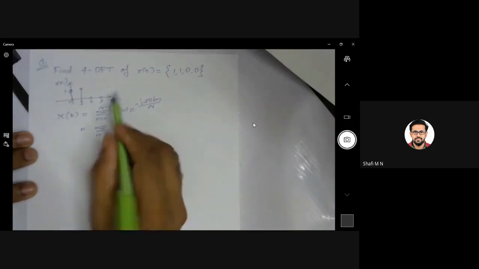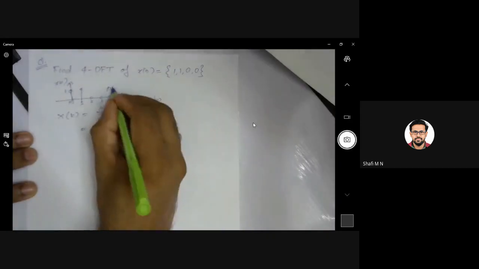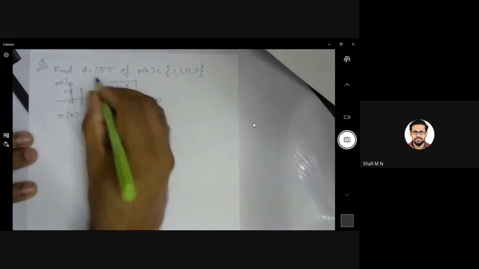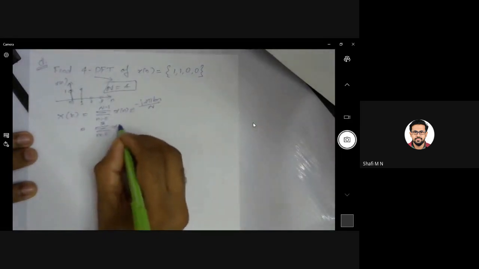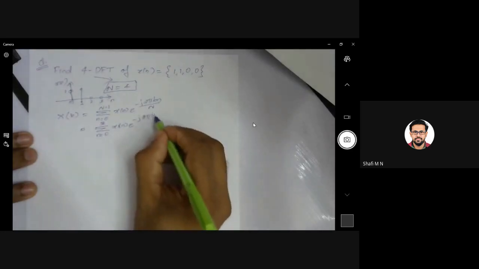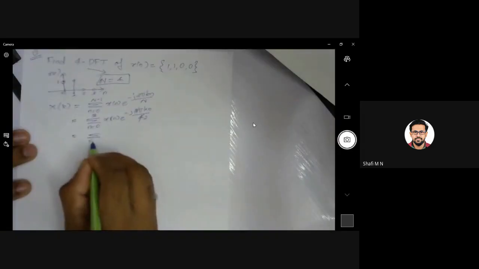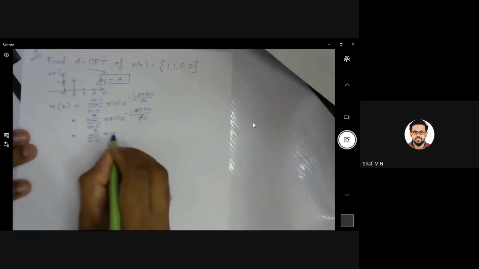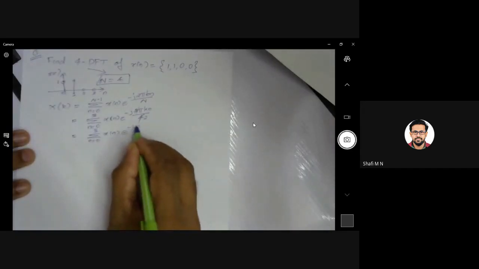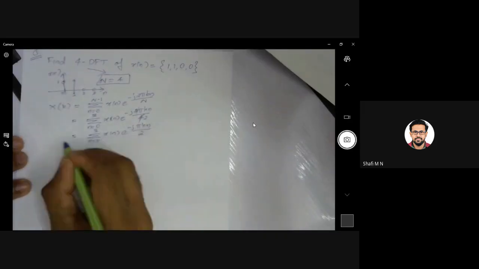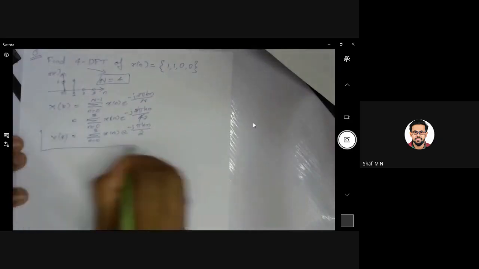So 0 to, in my case, n is 4 because I'm calculating a 4-point DFT. So 0 to 3 x of n e raised to minus j 2 pi kn by 4. So this will get cancelled and it will become pi by 2. So now the equation is sigma n equal to 0 to 3 x of n e raised to minus j pi kn by 2. So this is the equation that you are going to use to find your solution.